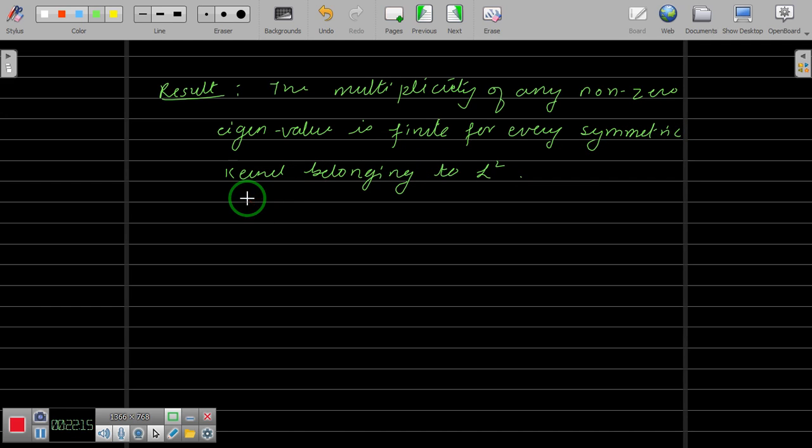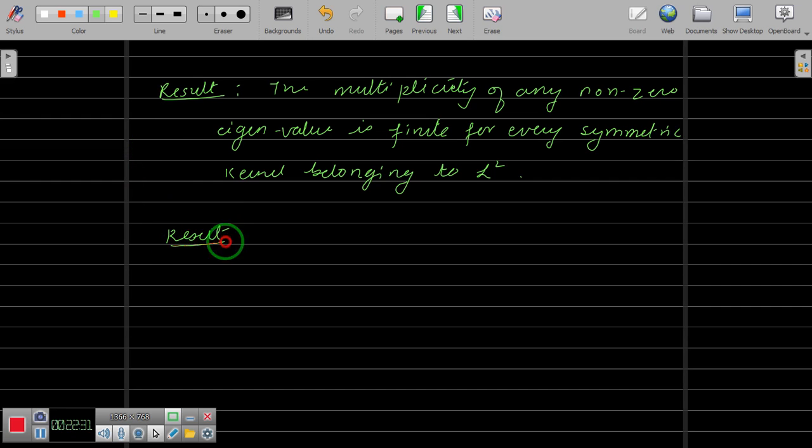You will find this proof in your text, otherwise you can check other books. So try to prove that, or you can search in some other text as well. Another 3-4 results I will state.